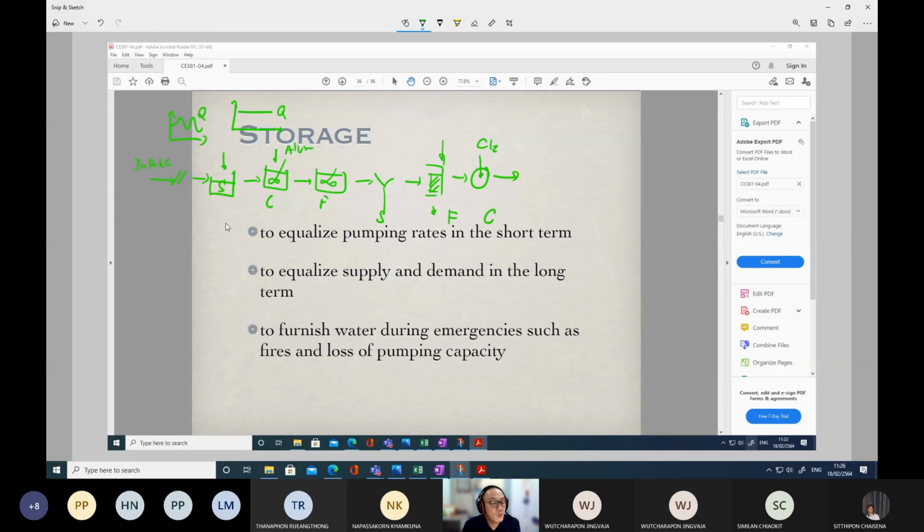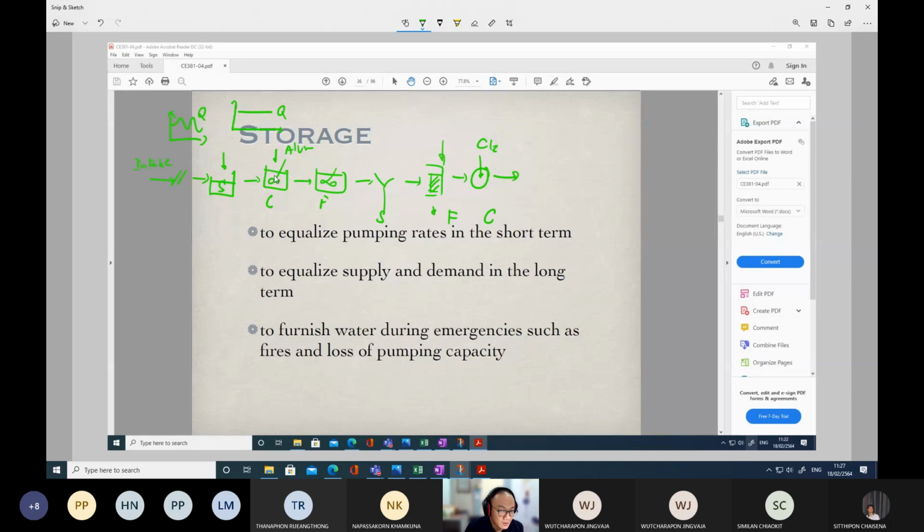We don't want to see the quality variations. So in this case, what we can do is install the storage here. The inflow may vary, but the outflow needs to be constant.